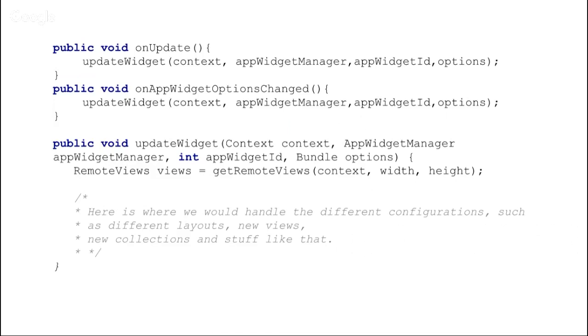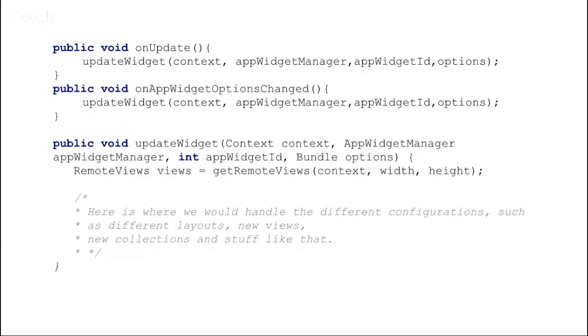And then that new function, which I call update widget, receives all the parameters, and in case it was resized, it receives also the new sizes, right? And then you place that logic of your application. First of all, of course, the remote views. This function, get remote views, is another function I added.